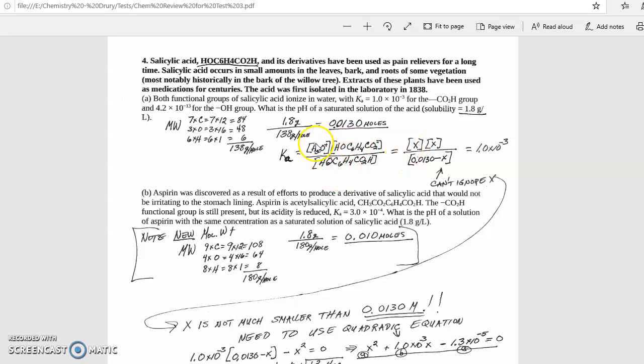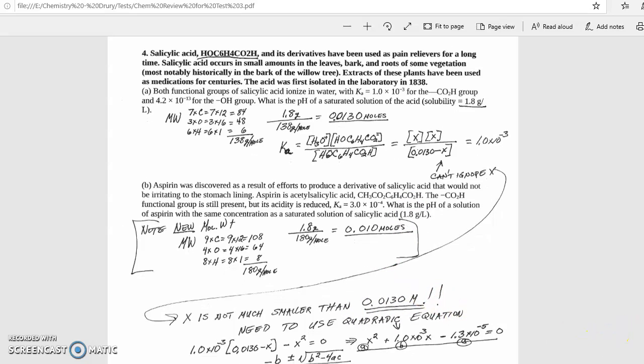This is X. This is X as well. This has to equal that. This is going to be this minus X. Okay, many of you, well, every single one of you who tried to solve it tried to ignore that. It's not much smaller than this, okay? When you calculate it out, you'll see that you can't ignore that concentration. So you actually have to solve it using the quadratic equation, okay?